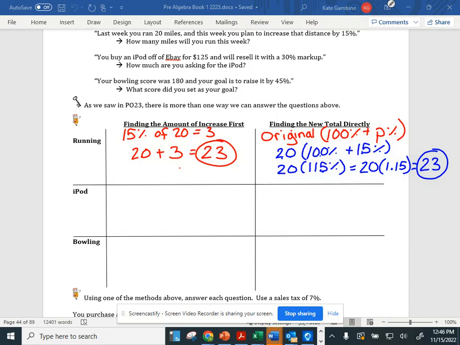So let's look at our first way, finding the amount of the increase first. So we increased it by 30% of 125. So what is 30% of 125?